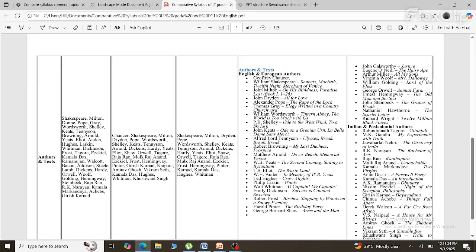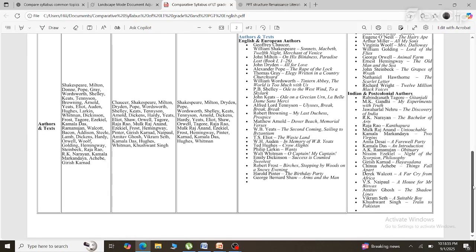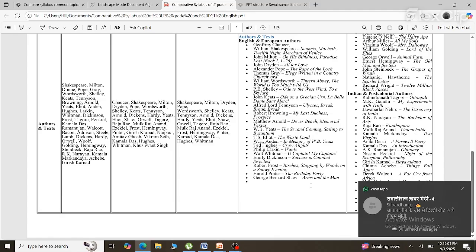So the syllabus starts from Chaucer to Richard Rich, 12 million black voices, and among Indian and post-colonial authors, beginning from Rabindranath Tagore to Khushwant Singh's Train to Pakistan, based on partition literature of India.